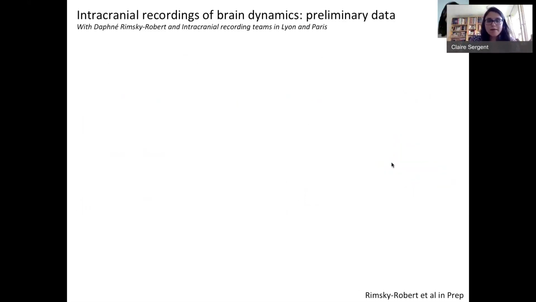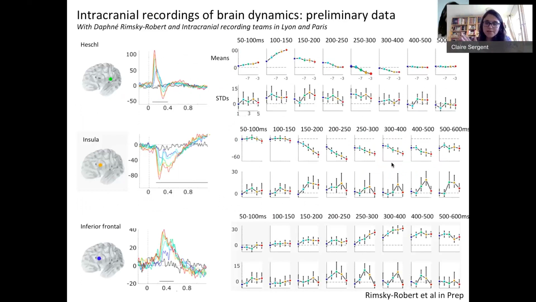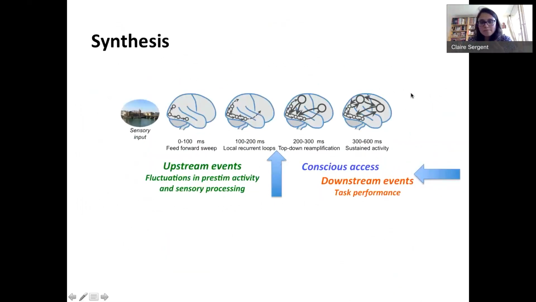Okay, so I'll skip through intracranial recording data of the same protocol, where we see nice bifurcation dynamics in inferior frontal and insula, but not angular gyrus. To synthesize, probably these bifurcation dynamics help us in a protocol where the neural correlates of conscious access include early and late activations.